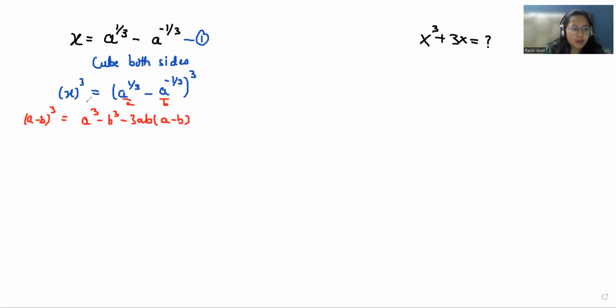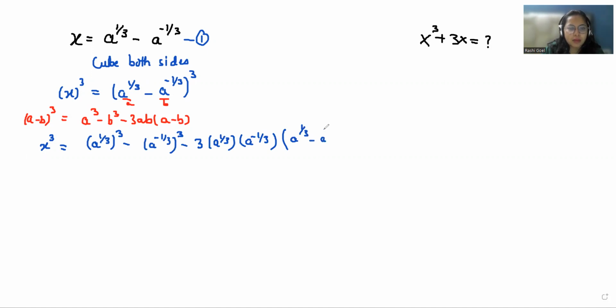So (a minus b) whole cube, x cube, is equal to (a^(1/3)) whole cube minus (a^(-1/3)) whole cube minus 3 times a, b, and in brackets (a^(1/3) minus a^(-1/3)). Now we can eliminate the power with this power.